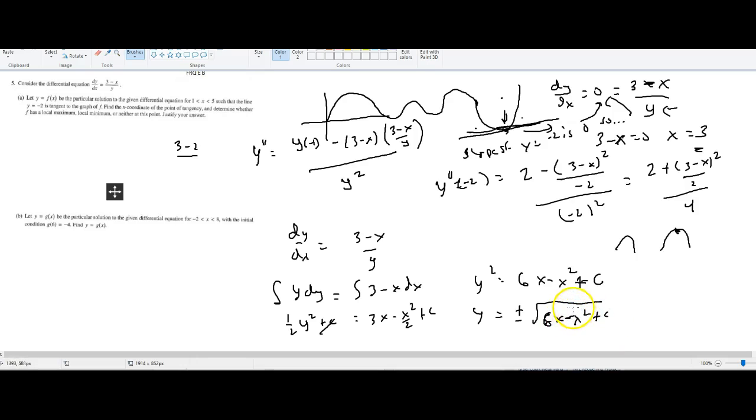So I need to know what makes it work. What's the point they give us? They give us 6, -4. I put a -4 in here. That tells me that this thing here has to be negative, right? So in this particular solution, the plus or minus goes away and only the minus matters. So I get 6 times 6 minus 6 squared plus c.